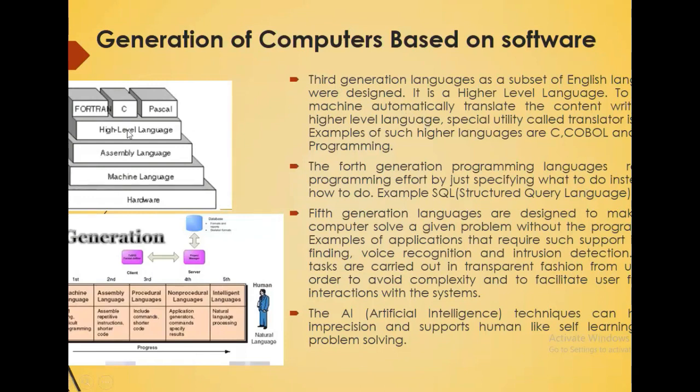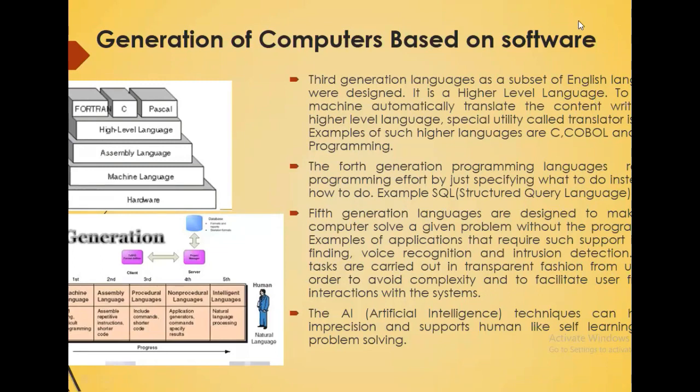Now these third, fourth and fifth generation languages are a subset of the English language. Now instead of zeros and ones, we can use our own natural language, that is English, to code, to make any application or software. That is why it is called higher level language.